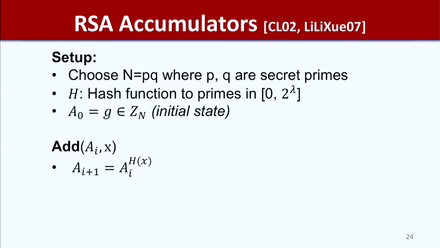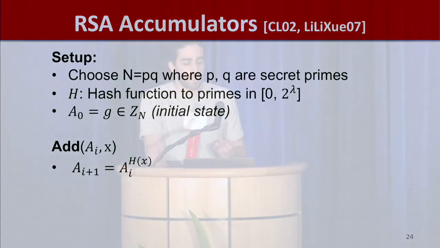The accumulator itself, the accumulator state, starts as just some base element in the group mod n, and every time we add an element to the accumulator, we take the previous state, call it A_i, and we have this hash function which can hash the elements that are being added to the set to primes in the range 0 to 2^lambda, so lambda-bit primes.